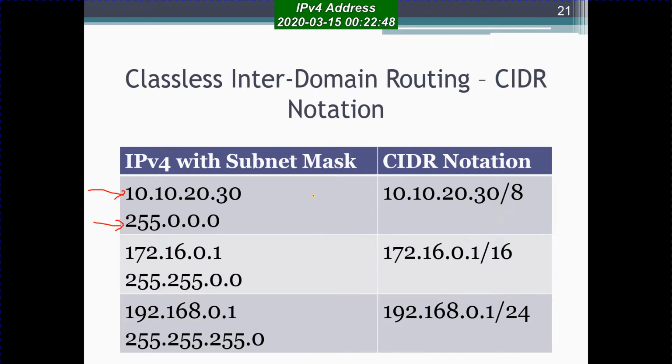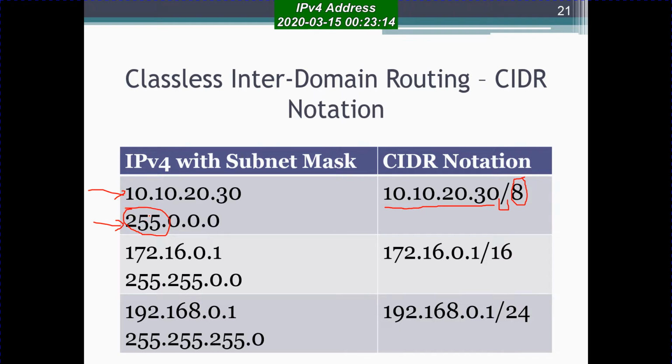There is another notation that we use, which is called classless interdomain routing, CIDR notation. In CIDR notation, you write the IP address like this, followed by a slash, followed by a number. What is this number 8? Number 8 is simply the number of bits set to 1 in the subnet mask. If you look at the subnet mask here, you have 255.